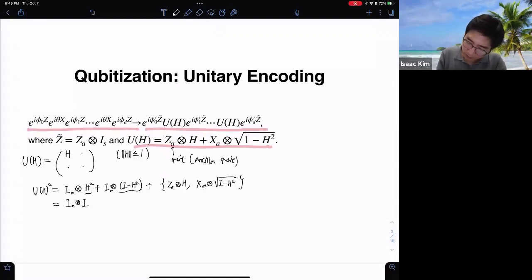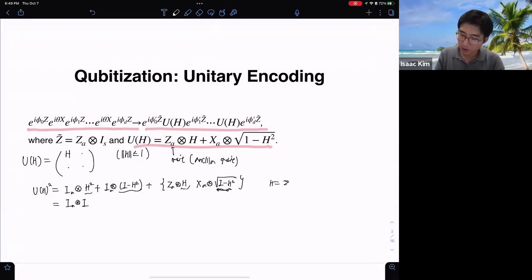For the second one, notice that H and the square root of I minus H squared commute. Maybe some people are not familiar with this notation, but what it means is very simple. Suppose you have an eigenvalue decomposition of the Hamiltonian, where lambda is an eigenvalue. Then the square root of I minus H squared is simply this operator.